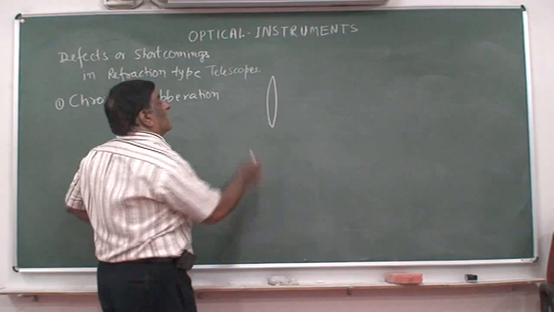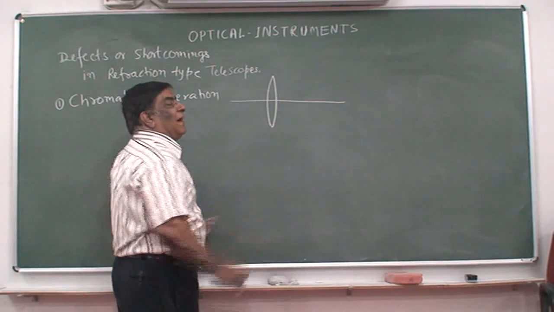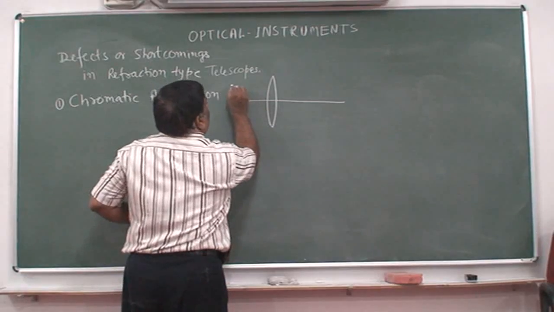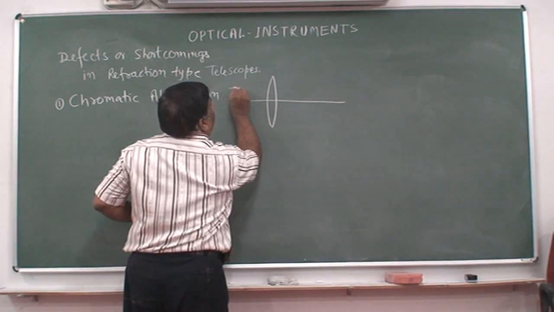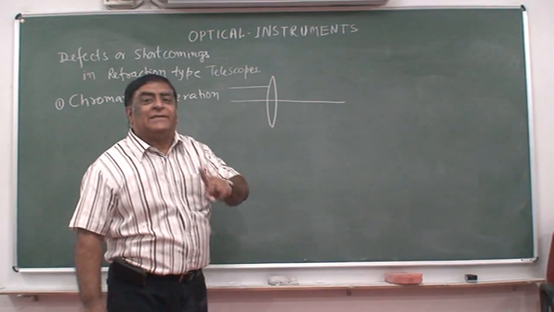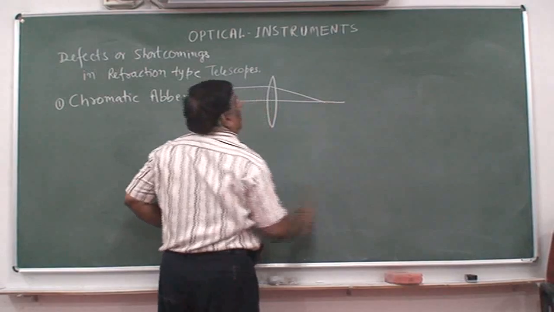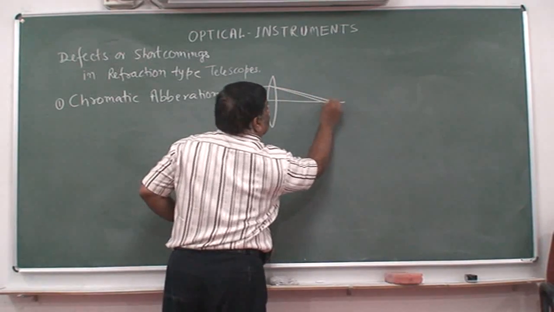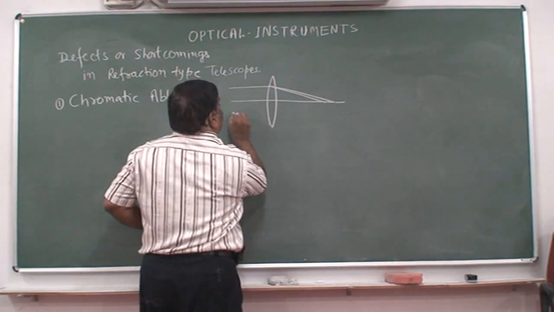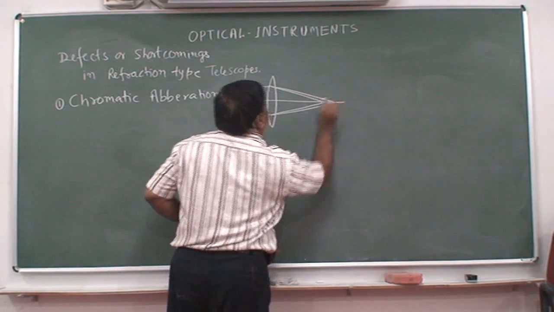So the different colors get refracted by different angles. Which is refracted most? The answer is violet is refracted most. So this is violet and this is red. Here, this is violet and this is red.